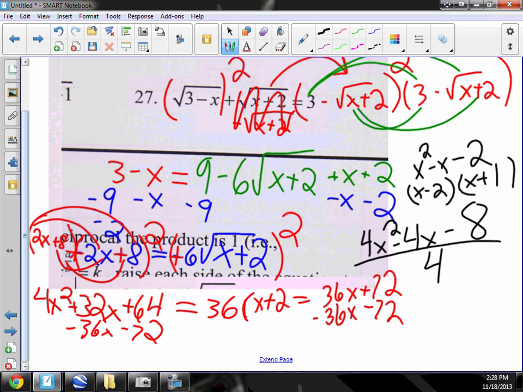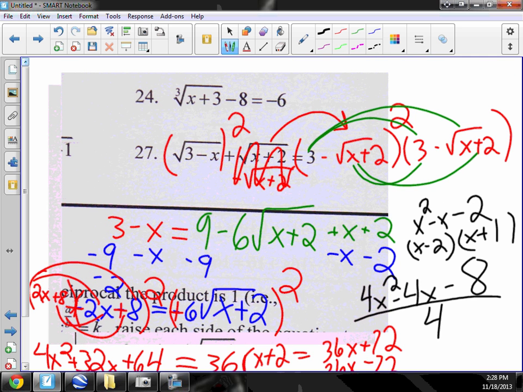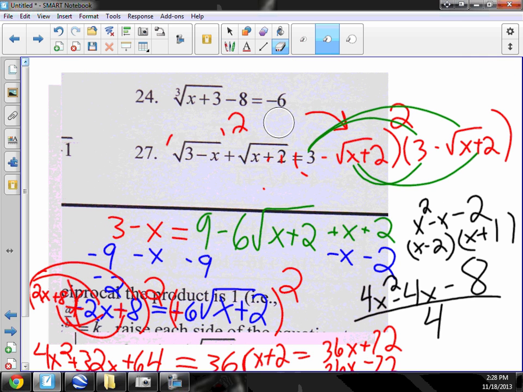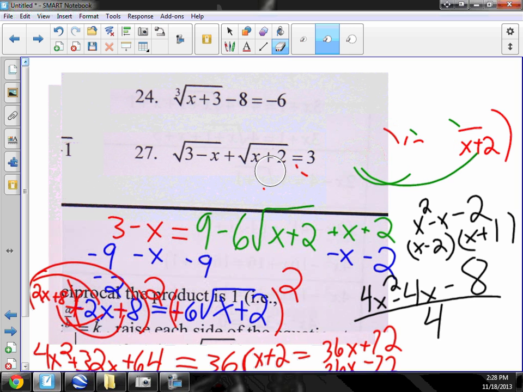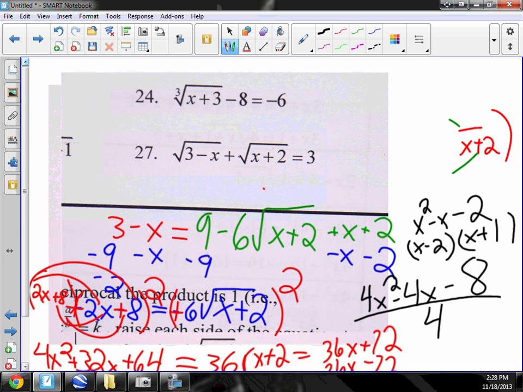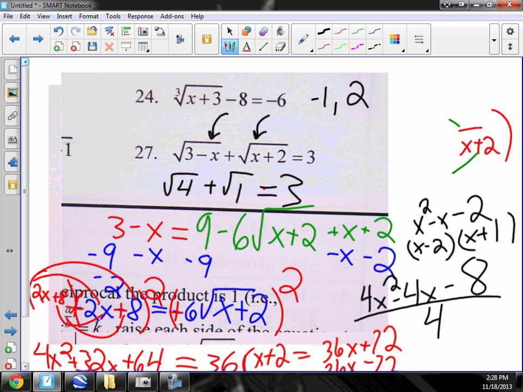Now I need to go back to the original equation and see if that works. So my roots are negative 1 and positive 2. So if I put a negative 1 in here and in here, I get the square root of 4 plus the square root of 1. Does that equal 3? 2 plus 1 is 3, yes.